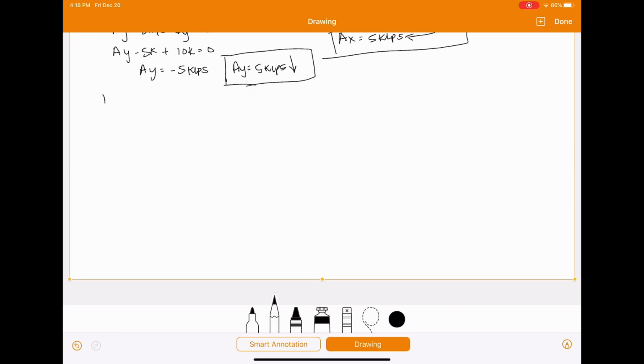So go ahead and try on your own. This frame here, if you've got a frame where it's fixed at the base, and you've got a rectangular distributed load acting on the top of it at 5 kips per foot.